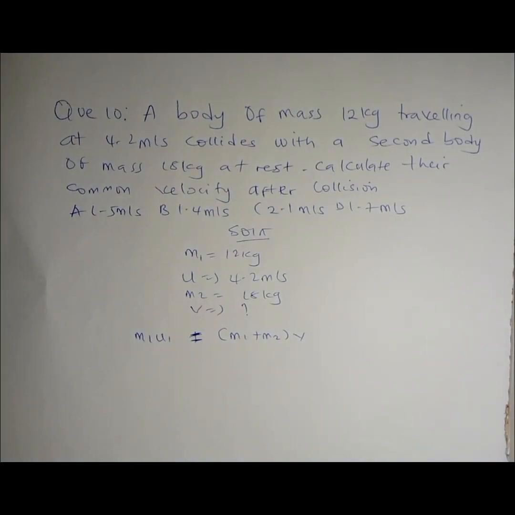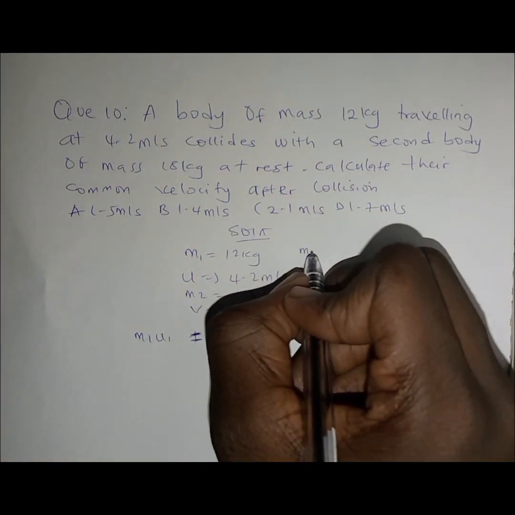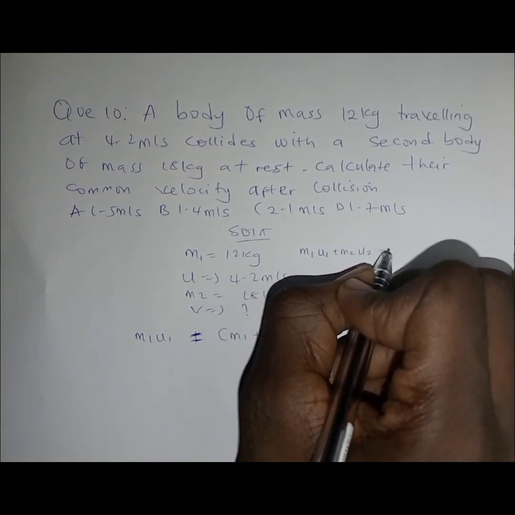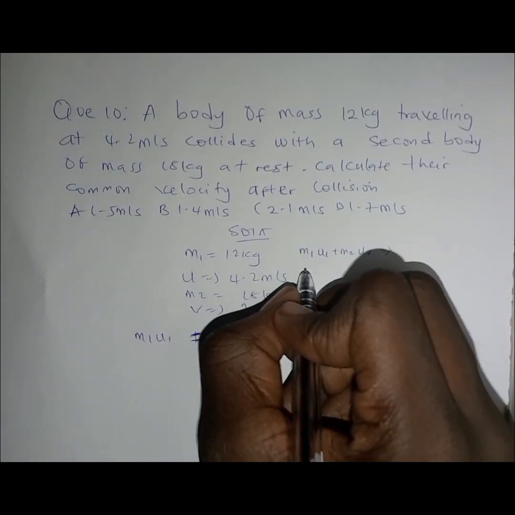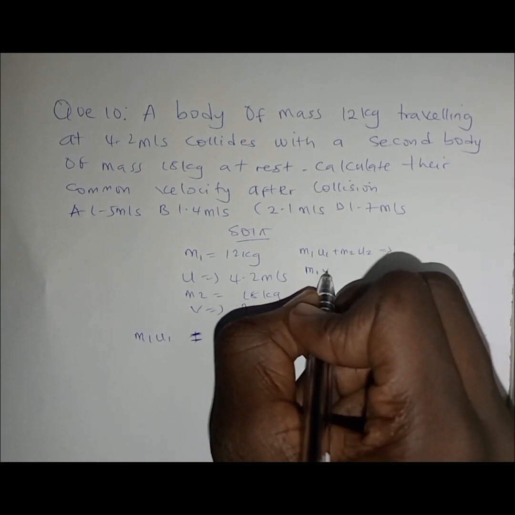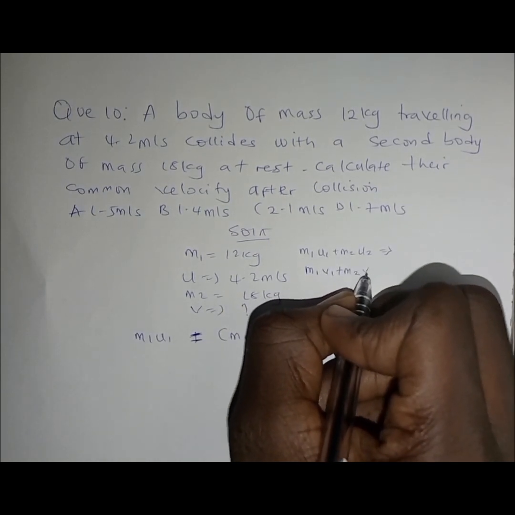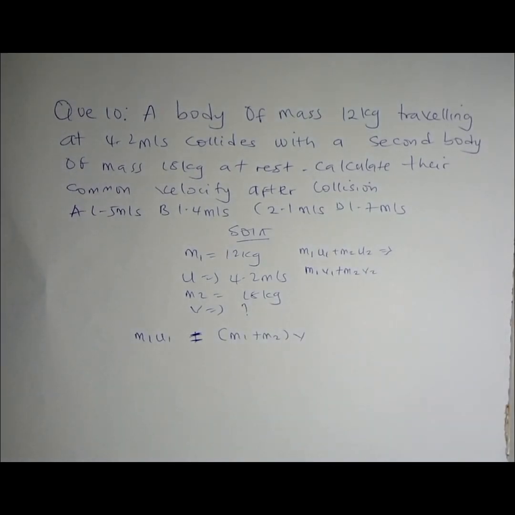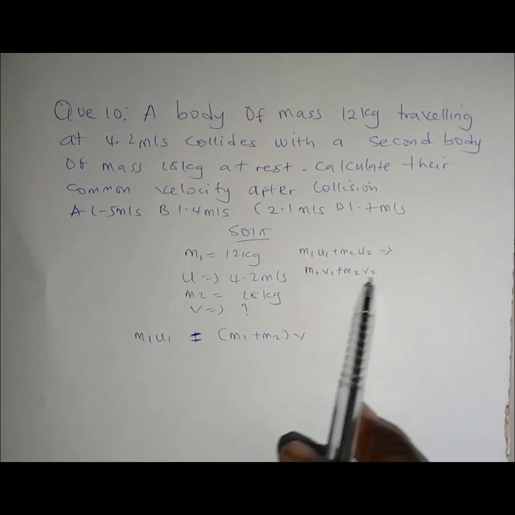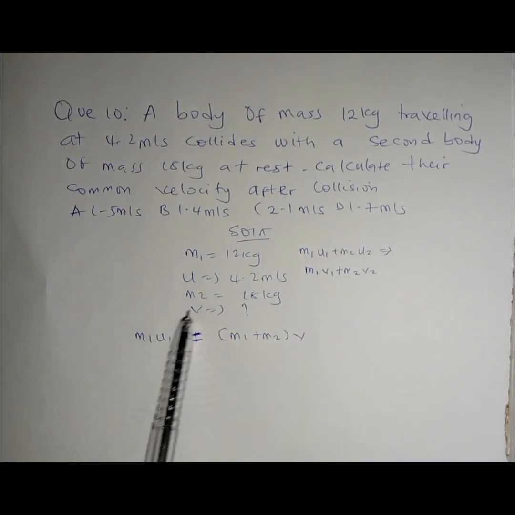But when two bodies are colliding and neither is at rest, then the formula is m1u1 plus m2u2 equals m1v1 plus m2v2. So when the two bodies are not at rest and they are colliding, the formula is this. But if one body is at rest, the formula is like this.